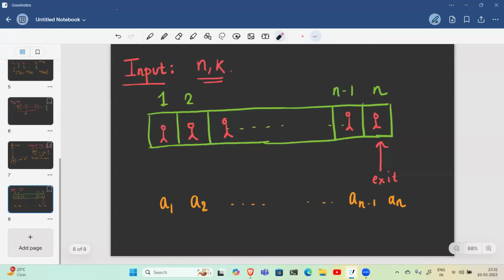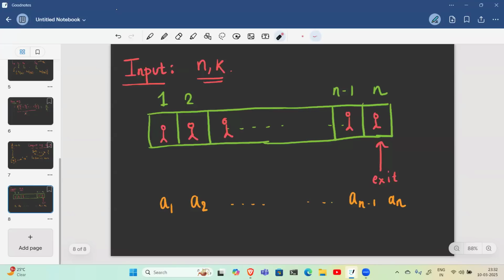Whenever I assign an integer a1 to the first cell, that means I have installed a teleporter which helps the person teleport from cell number 1 to cell number a1. So suppose this is the a1th cell. It helps the person to teleport from cell number 1 to cell number a1 directly in one move.